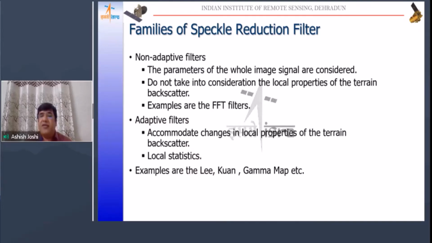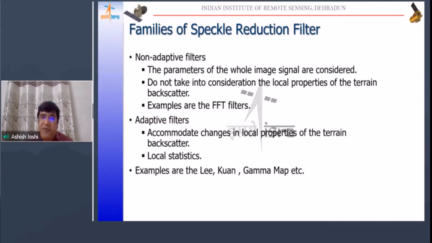Because the high frequency components are the noise. So we have to filter that out by low pass filtering, and then come back to the time domain by doing the inverse Fourier transform. So this is called the non-adaptive filter, where we do the filtering on the full image.